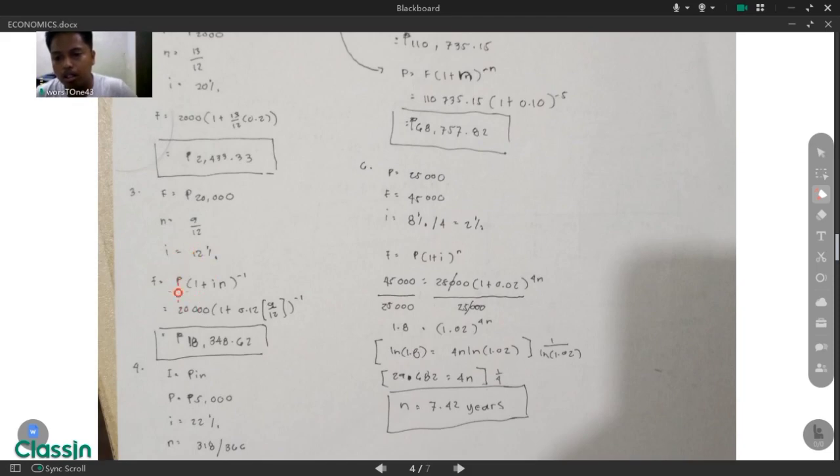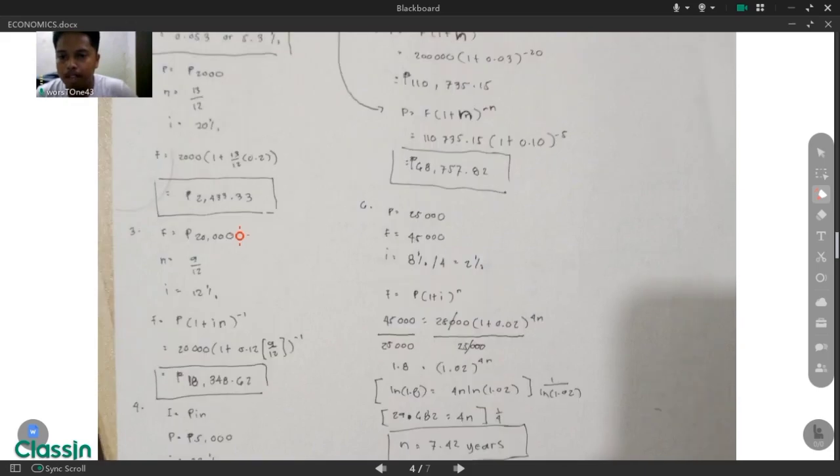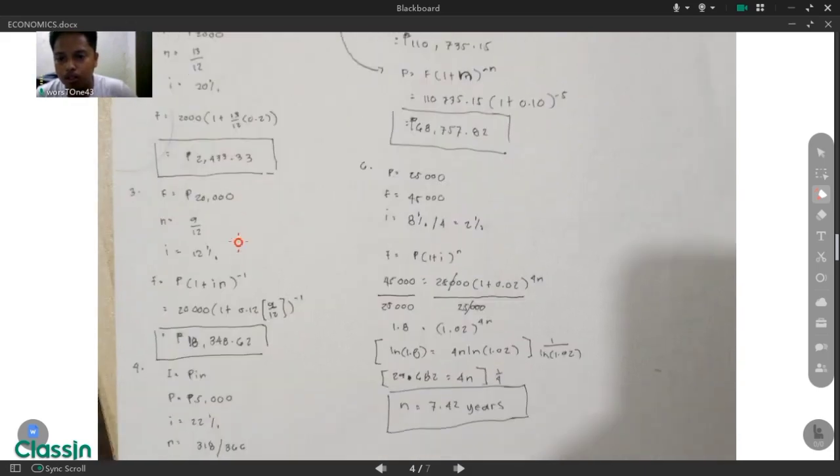So we get this formula: F equals P times 1 plus in, to the power of negative 1, which comes from the formula F equals P times 1 plus in.